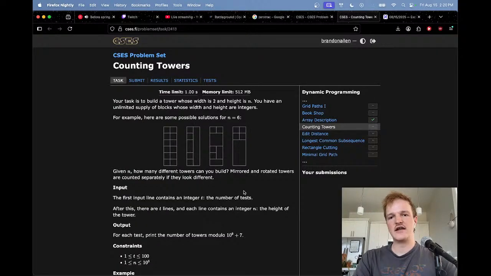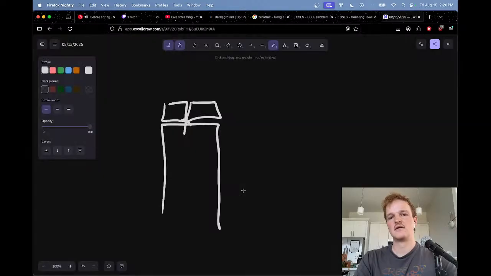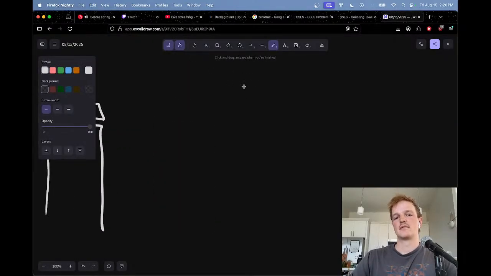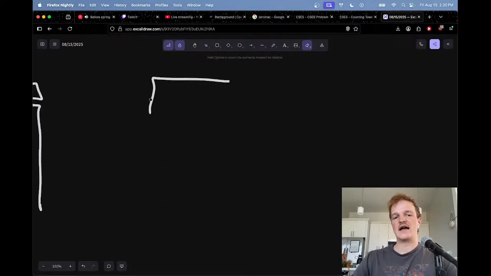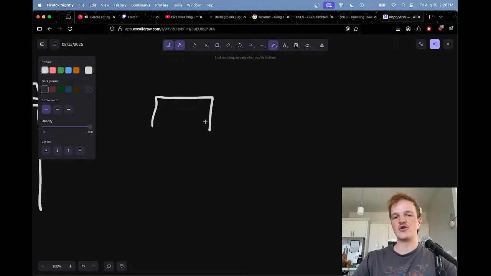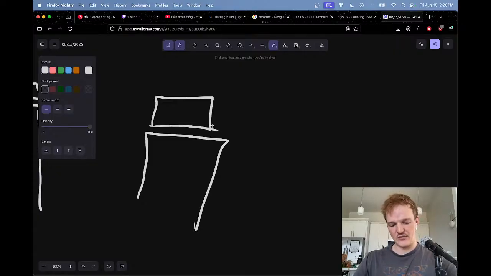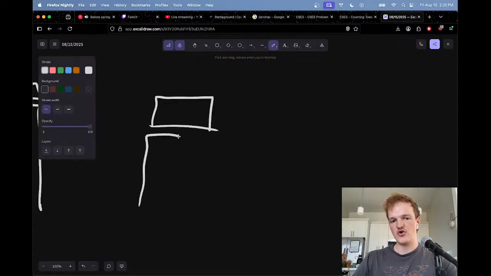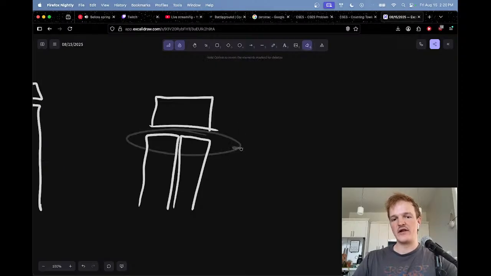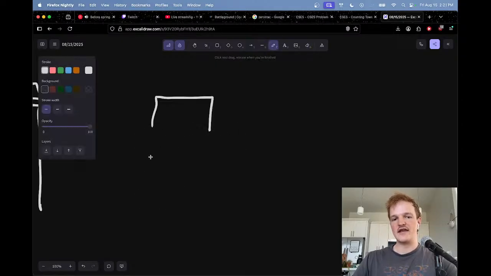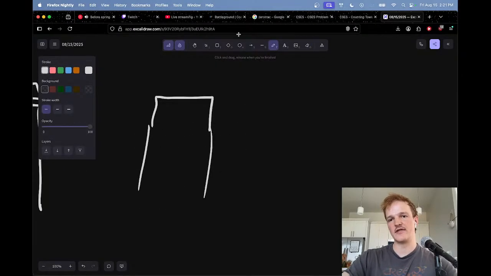I think you're kind of saying, when I'm at a flat top, there's a few ways I could have gotten here. I could have gotten here by this is a new block and the very last thing that happened was a flat top. This is a new block and the very last thing that happened was a separated top, or I'm extending a flat top. Those are really the two things that can happen.